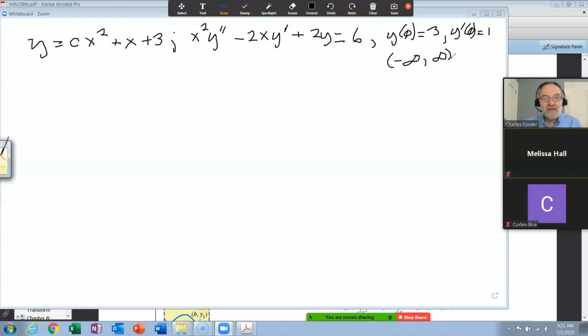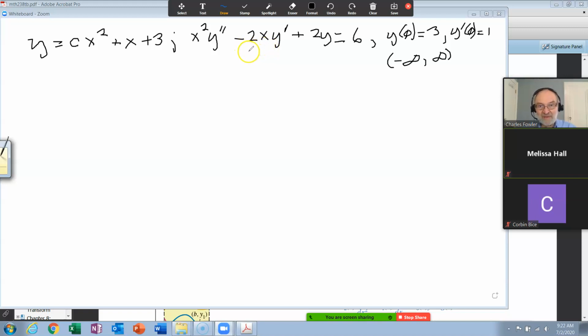Okay. Now, on first glance, this may seem totally reasonable, because your coefficient functions here, x squared, is continuous everywhere from negative infinity to positive infinity. Minus 2x is continuous everywhere.